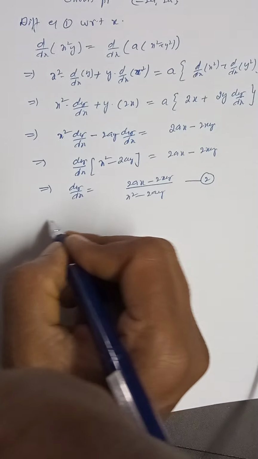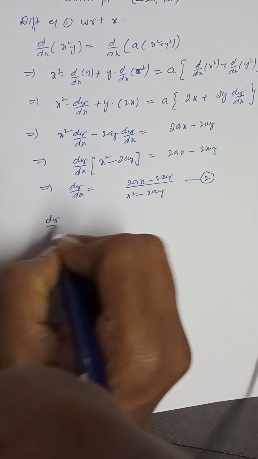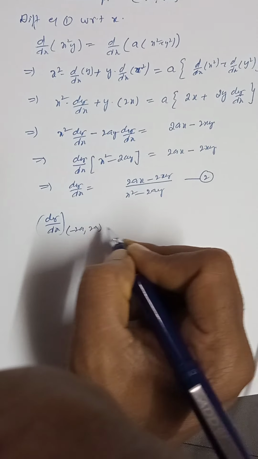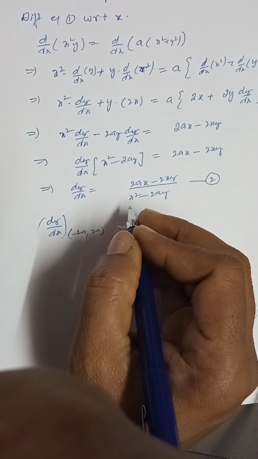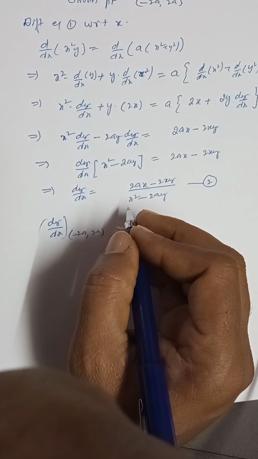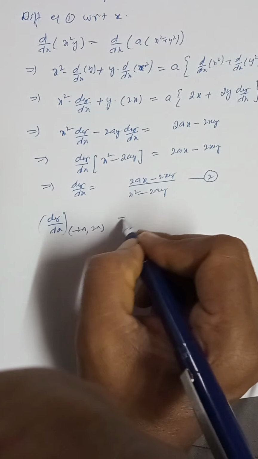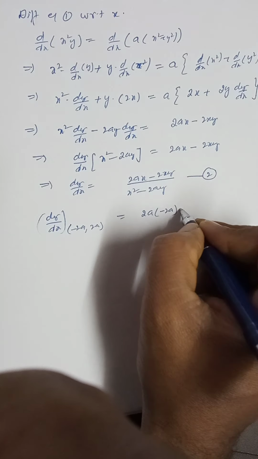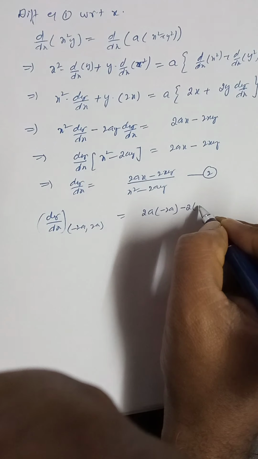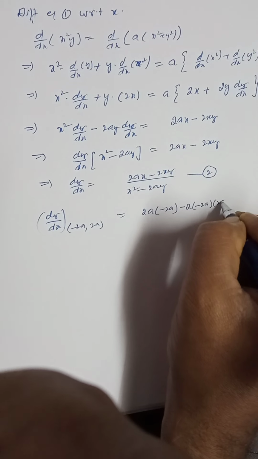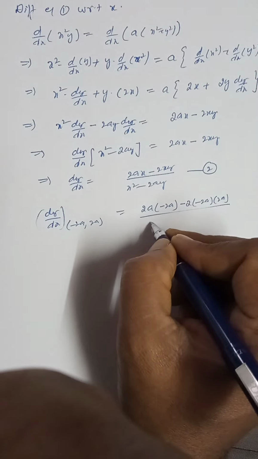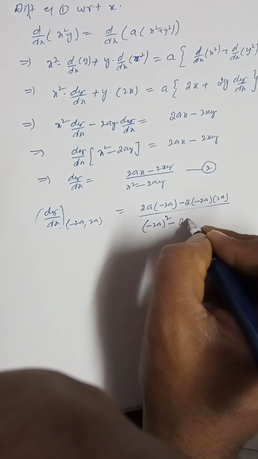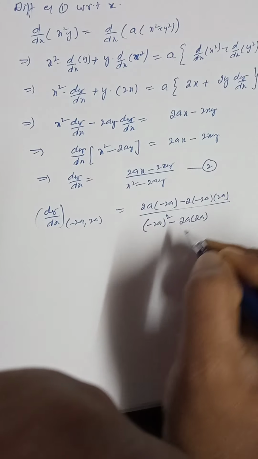Right? Now we want to find dy by dx at x is equal to -2a, y is equal to 2a. This implies 2a into x value, which is -2a, minus 2 into (-2a) into 2a, by x square, which is (-2a) whole square, minus 2a into 2y.